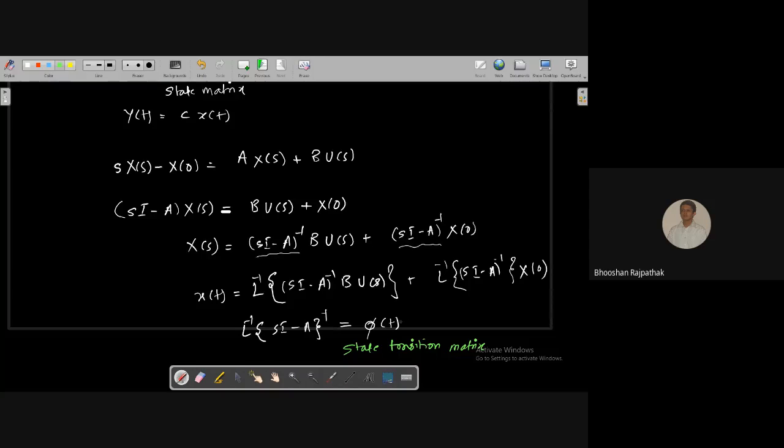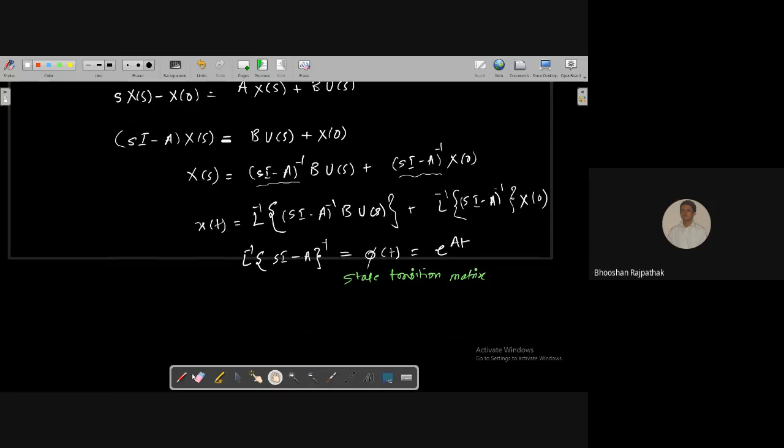Typically for an LTI system, this will be represented by e raised to At. Phi of t equals e raised to At only for LTI systems, linear time invariant systems. Now, since the Laplace inverse of (sI minus A) inverse is phi of t, obviously I can write phi of s equals (sI minus A) inverse.